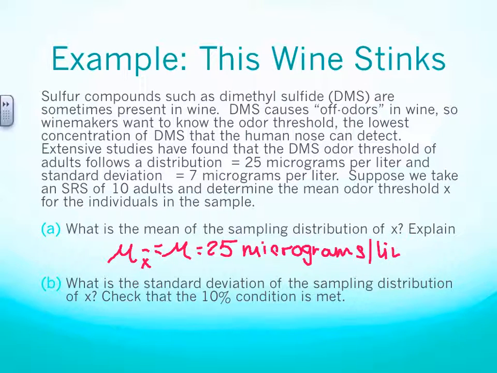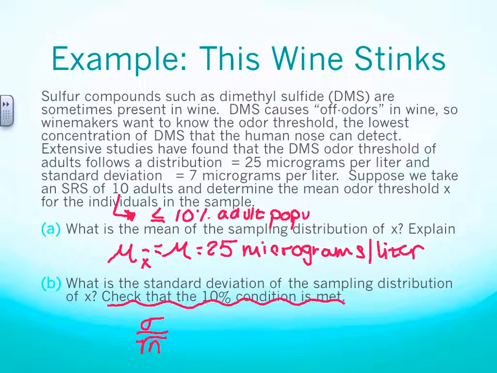For your standard deviation, it says to check this. Your questions won't say that. You have to know that to be able to use this as your standard deviation, you have to have them be independent. You have to check your 10% condition. It's fairly easy to realize it here: 10 adults is definitely within 10% of the adult population.